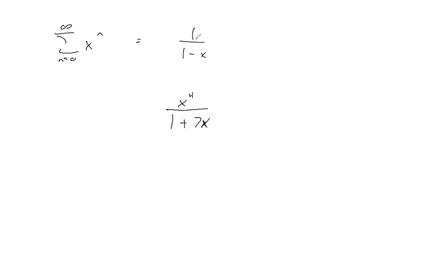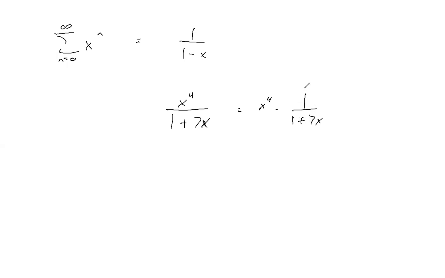Well, what I would do is, again, I want to try and match it up to this, but I got an x to the fourth on top, right? Okay, so that's a problem. So I can rewrite this as x to the fourth times 1 over 1 plus 7x, right? If there's something on the numerator, I'm going to pull it out, and I'm going to try and write the rest of my function in this form. So I got 1 over 1 plus 7x.